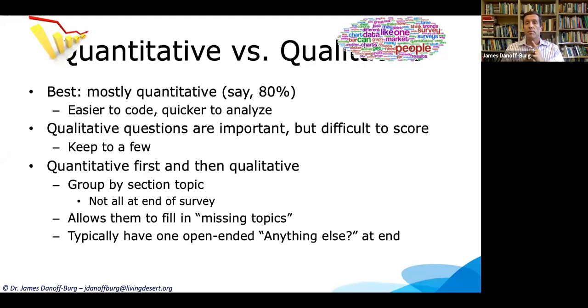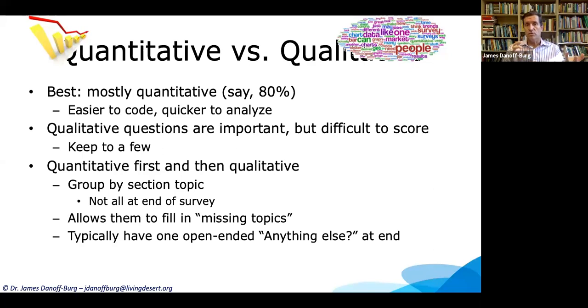But I will always have qualitative open-ended questions because I need that open-ended data, because that's really where you get the best stories. That's where you get the most interesting things in a survey, and my opinion comes from the qualitative data. So usually I'll have about 80% of the questions on a survey being quantitative, 20% being qualitative.